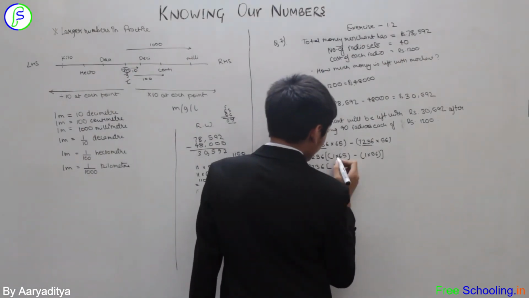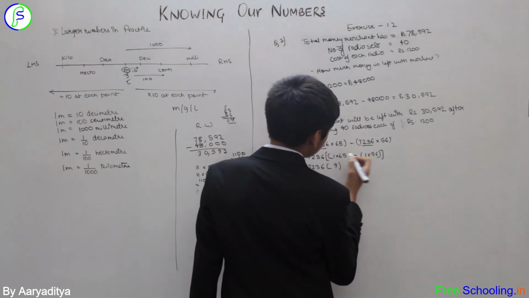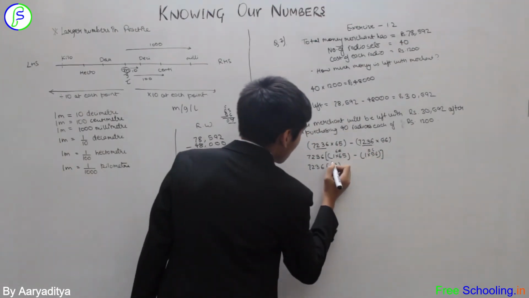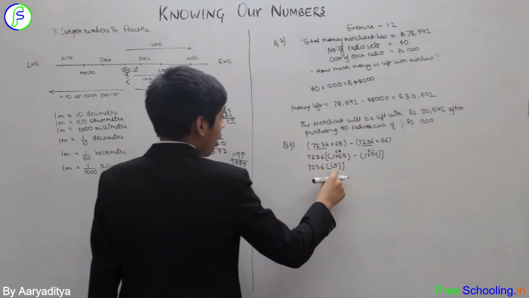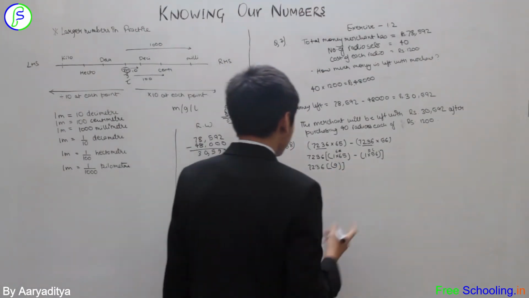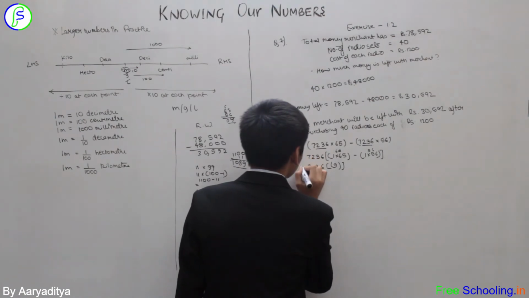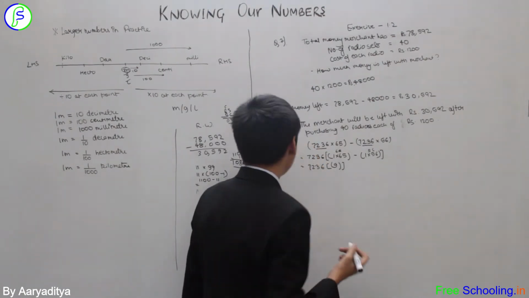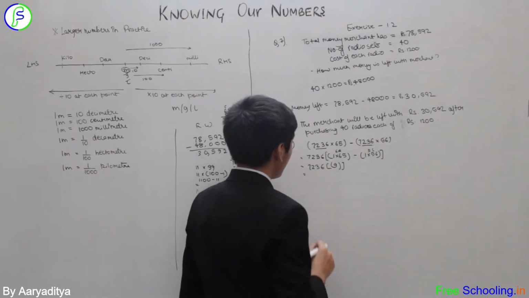Easy. You got it. 1 into 65 is equal to 65, 1 into 56 is 56, and 65 minus 56 we get 9. And now we multiply this 9 to the given number, 7236. You must remember to put equal to, otherwise your marks would get deducted. So 7236 into 9.